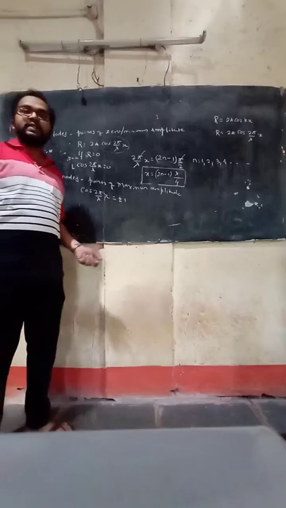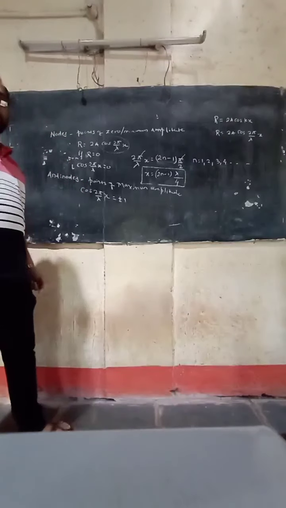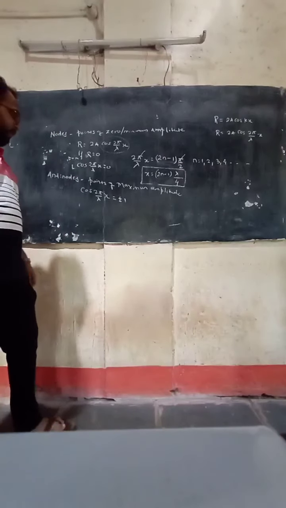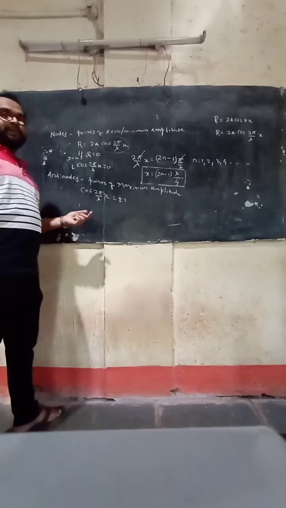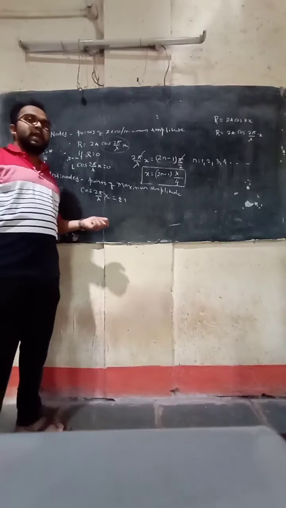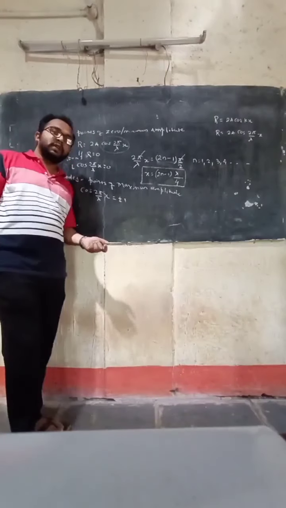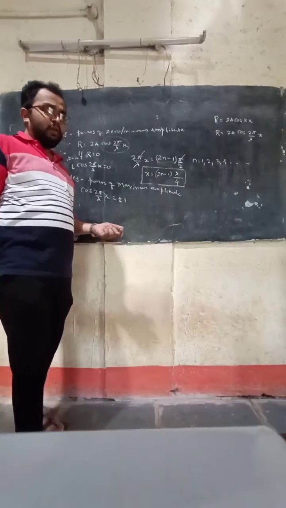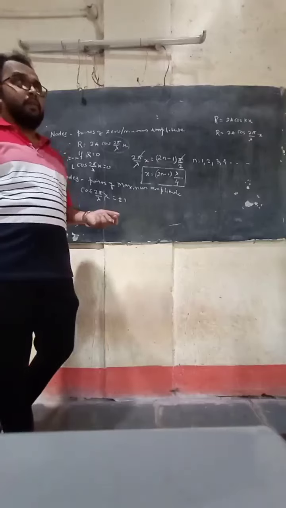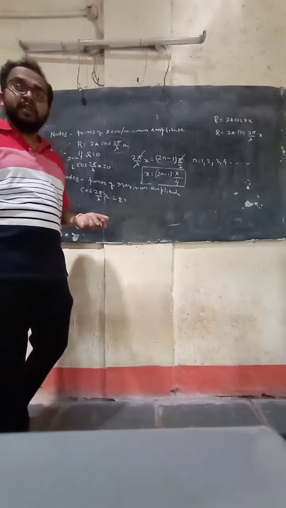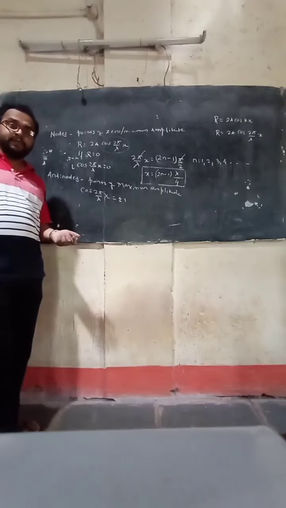So plus 1 is the maximum value in crest, minus 1 is the maximum value in trough. So this happens at 0 degree, 180 degree. At 0 degree, cos 0 is 1. 180 degree, that is pi, cos 180 degree is minus 1. Then cos 360 degree is again plus 1.